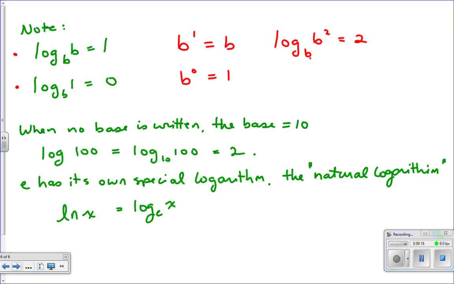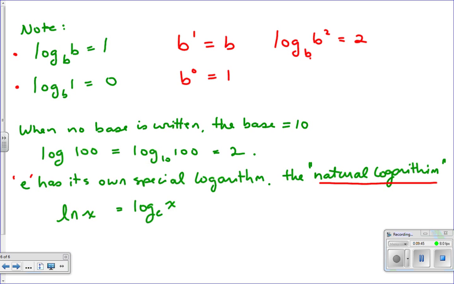When no base is written, or when you don't see a base, the base of 10 is presumed. So when you see log 100, that's actually the log base 10 of 100, which would be 2 because 100 is 10 to the power of 2. And our natural number e happens to have its own special logarithm, which is called the natural logarithm, and it's called ln.